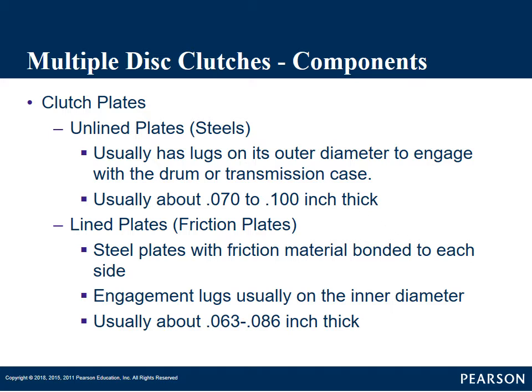They're both flat. The steel plate has lugs on the outside, which lock it into the drum or the transmission case, and the lined plates have the splines or the lugs on the inner diameter, and that's what is used to lock to a gear or a rolling clutch, another drum, to drive that or hold that device.